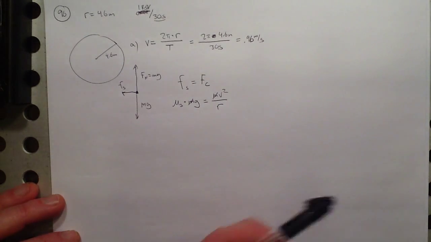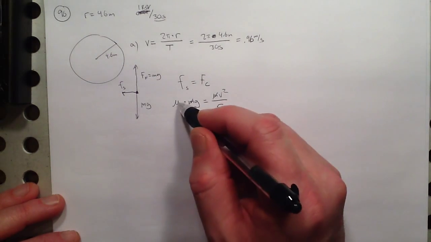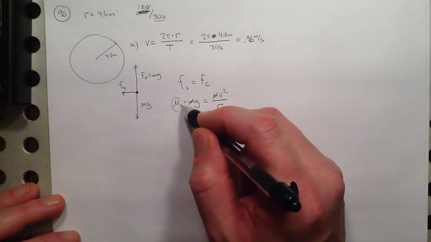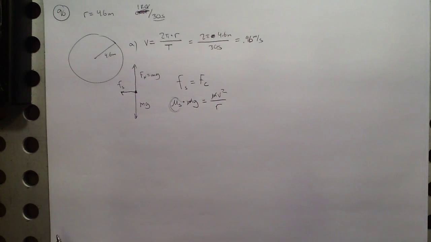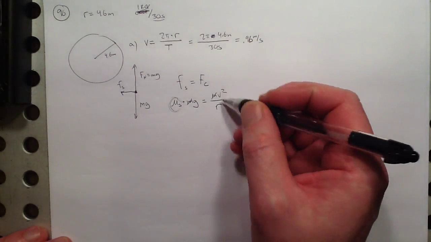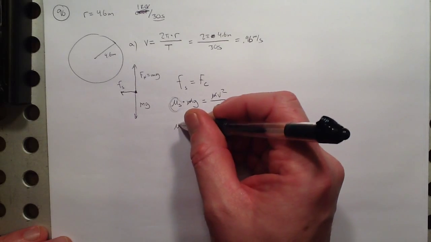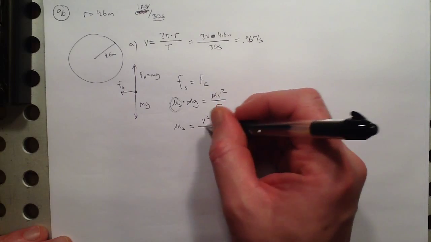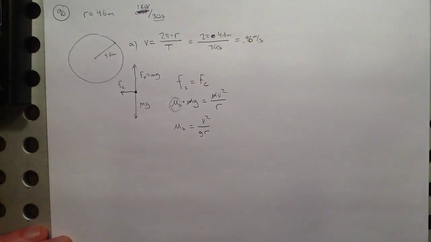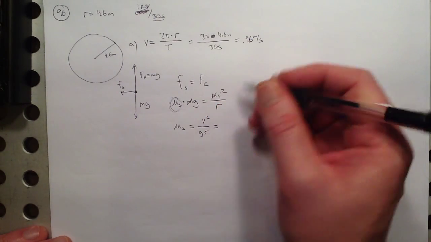The m's cancel out. And so we're going to find the smallest possible number this could be. If it was bigger, maybe it would have more static friction than we needed, right? We wouldn't be maxing it out. But we're doing the maxed out condition here. So that's what we're trying to solve for. So that's just going to be v squared over g r. And we know the velocity.